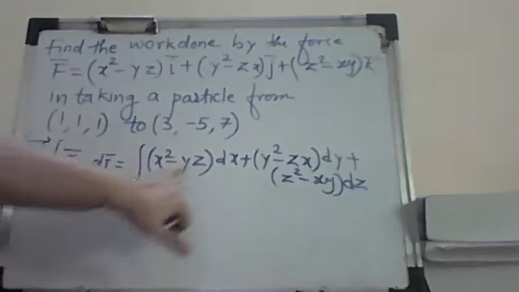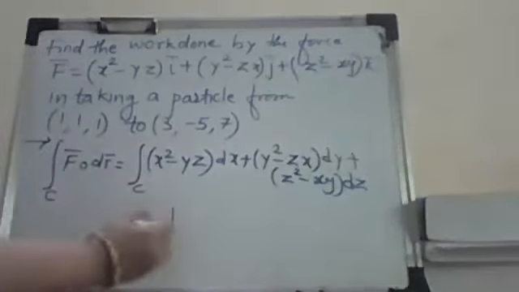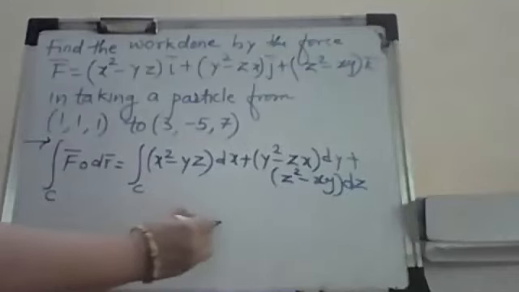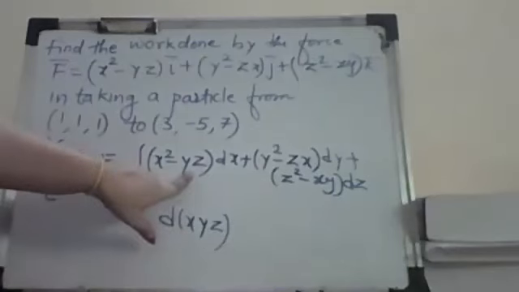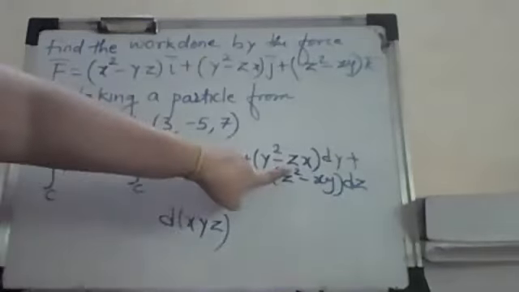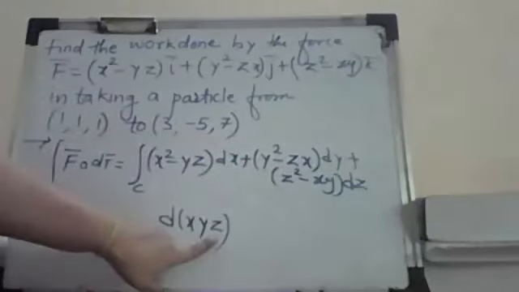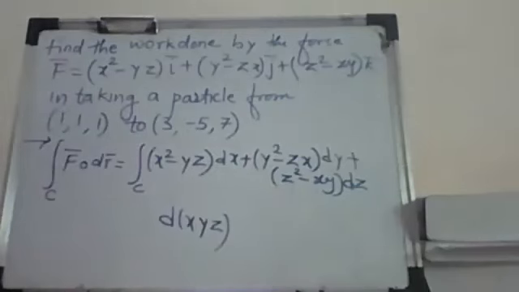The remaining terms are the total derivative of xyz: differentiating with respect to x gives yz, with respect to y gives xz, and with respect to z gives xy. So in this case it is nicely given as an irrotational or conservative force field.